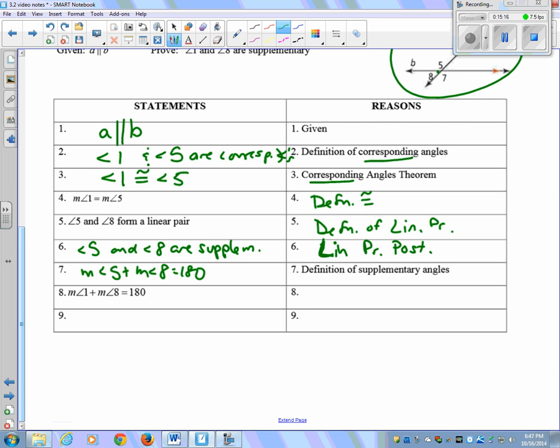Now look what changes. Measure of angle 1 plus measure of angle 8 equals 180. Looks like we just took out the 5 and replaced it with the 1. So that's substitution. Then we can say angle 1 and angle 8 are supplementary by definition of supplementary. If we know they add up to 180 in this step, that means they must be supplementary by definition of supplementary.